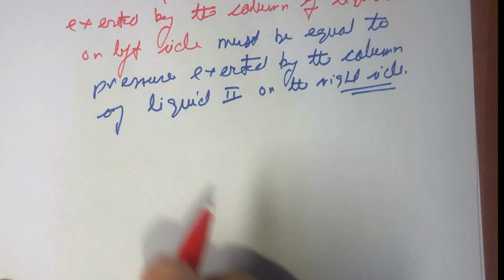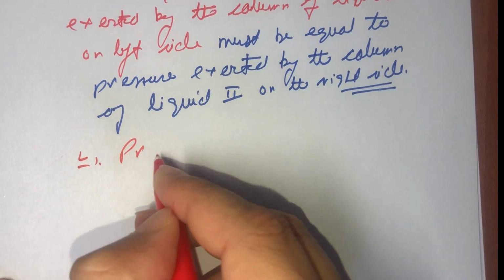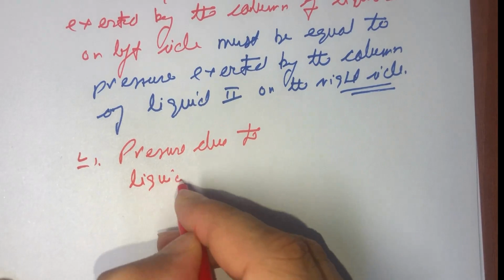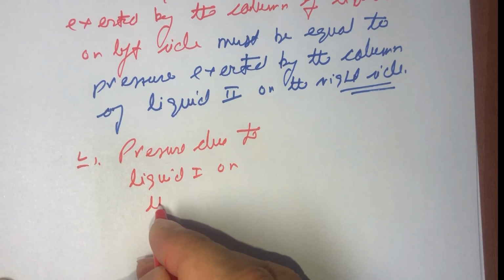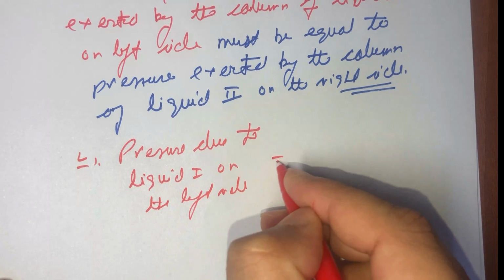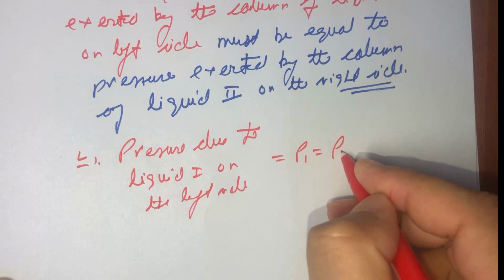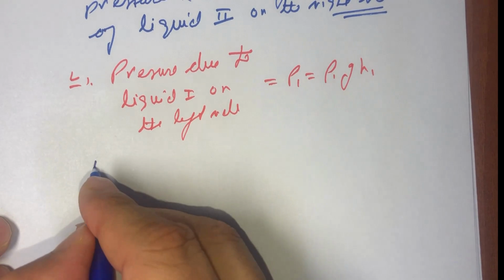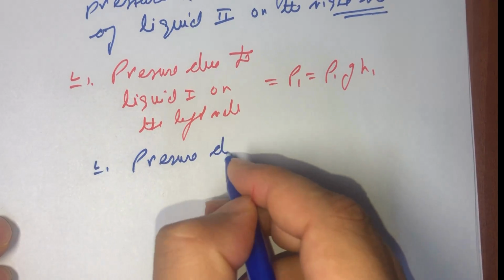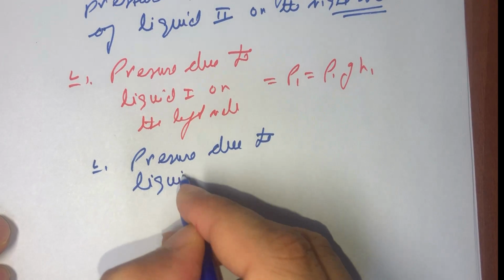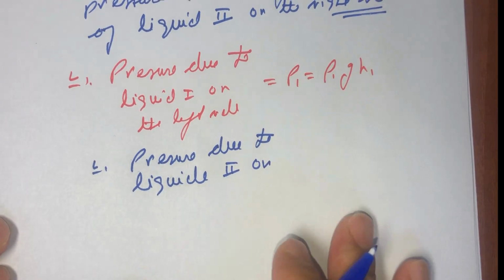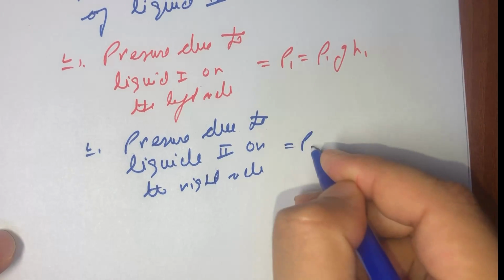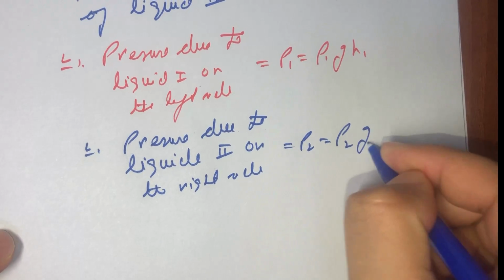So we can say from here that the pressure due to liquid 1 on the left side, let us suppose is given as P1, and that will be equal to rho 1 g h1, and the pressure due to liquid 2 on the right side is, let us suppose, given as P2, and that will be equal to rho 2 g h2.